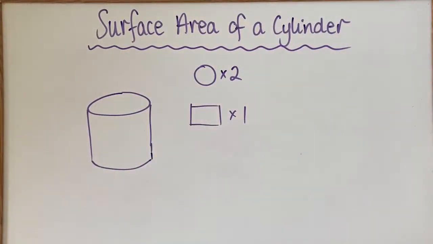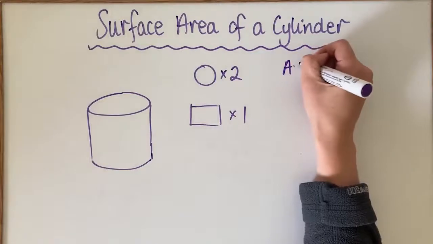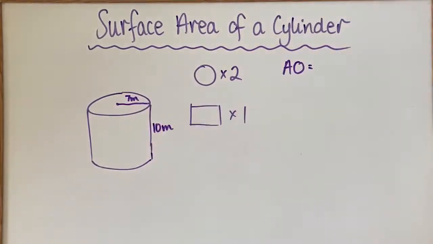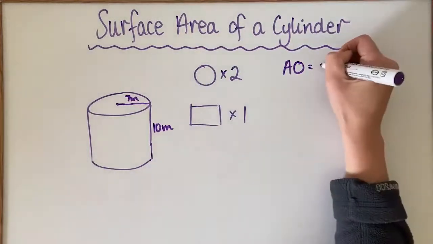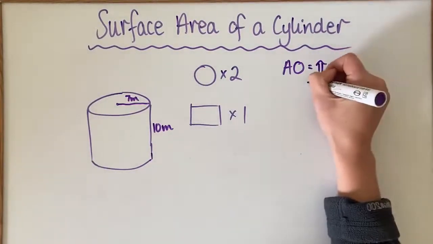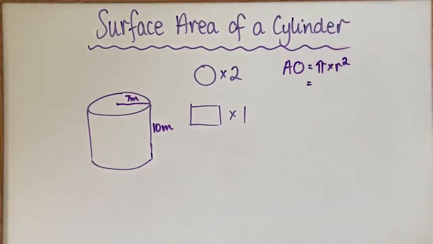There are a lot of steps involved in finding this. The easiest step to start with is to find the area of the circle. So the formula that I'm going to use to find the area of the circle is pi times r squared, because that's the formula that you use to find the area of a circle.